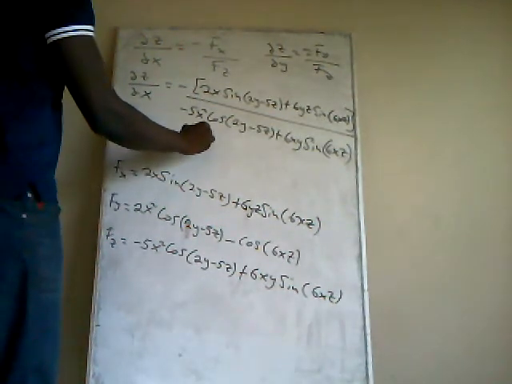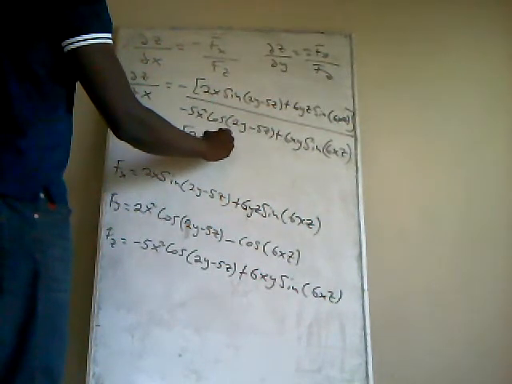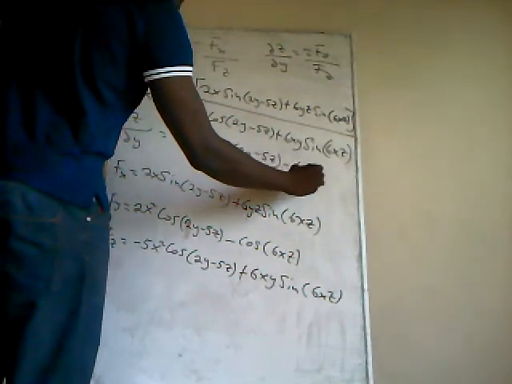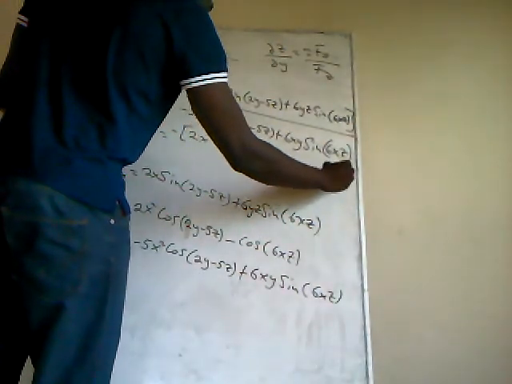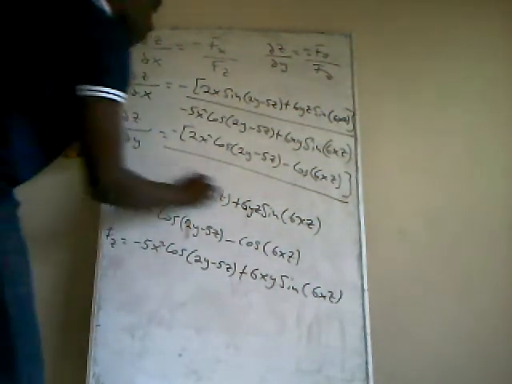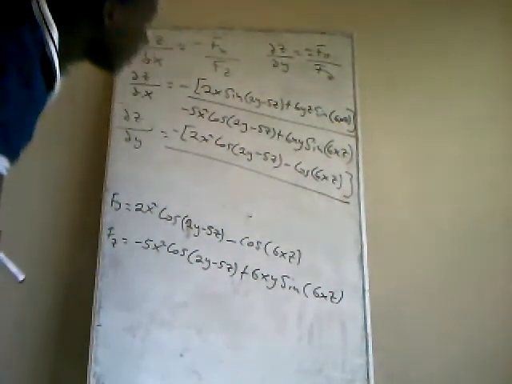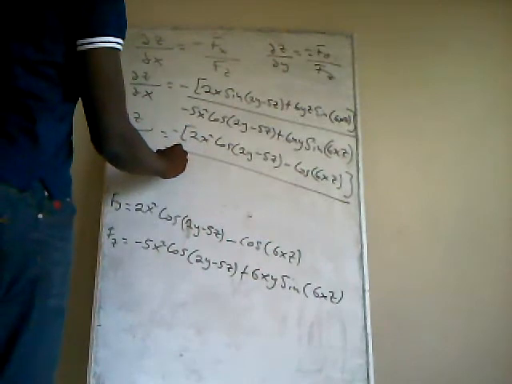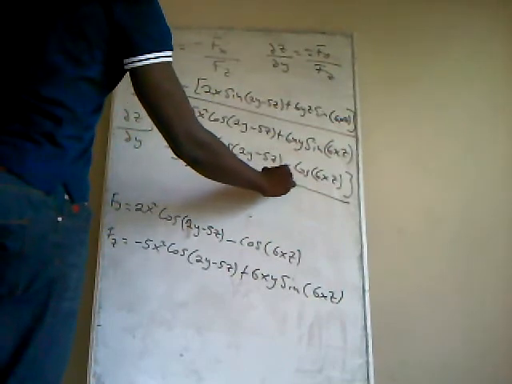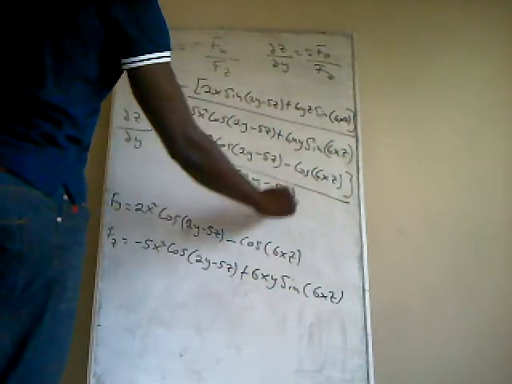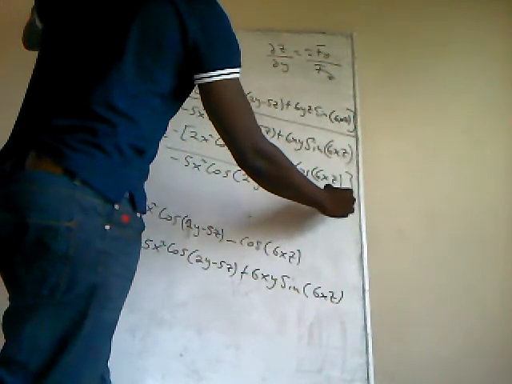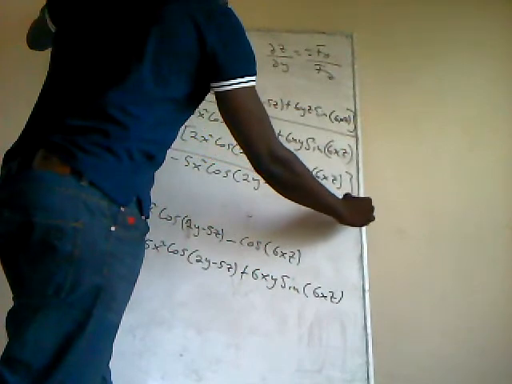And fy is 2x squared cos 2y minus 5z minus cos 6xz, all in the square brackets, divided by fz, and my fz is minus 5x squared cos 2y minus 5z plus 6xy sine 6xz.